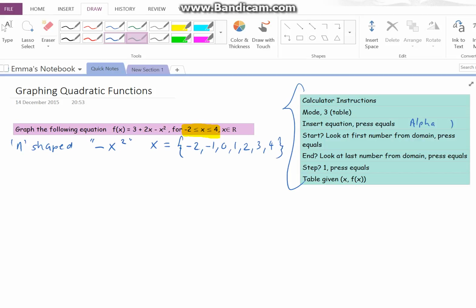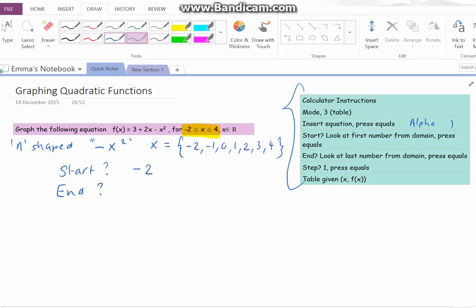So if we were to input this into our calculator, we follow our instructions and insert your equation: 3 plus 2 alpha close bracket, minus alpha close bracket squared, equals. Then your domain, so your start point in this case would be your first number, which is minus 2, then press equals to input it.